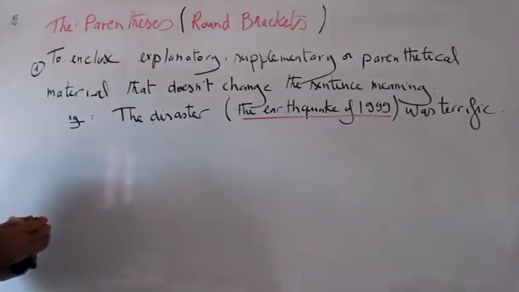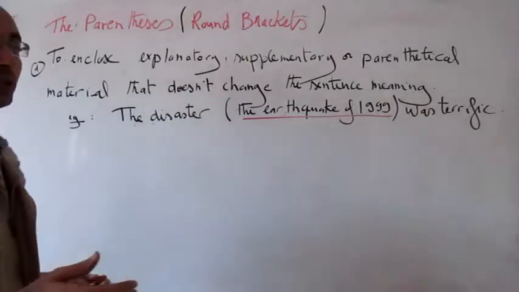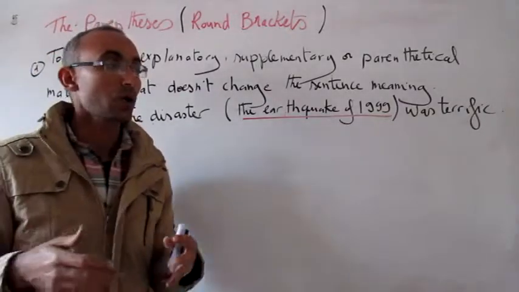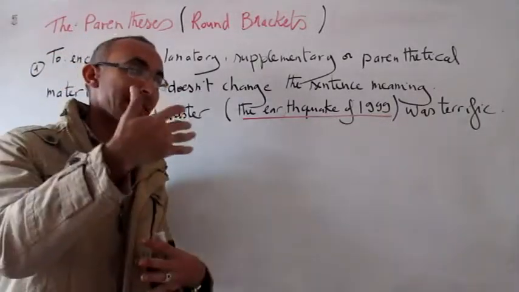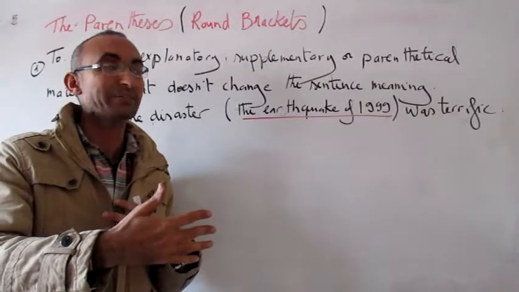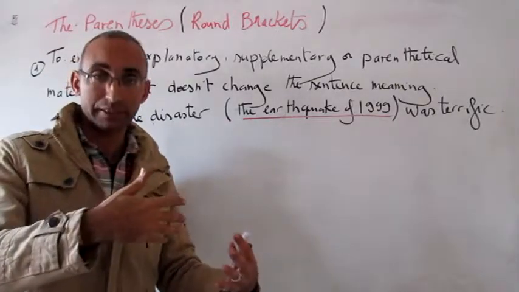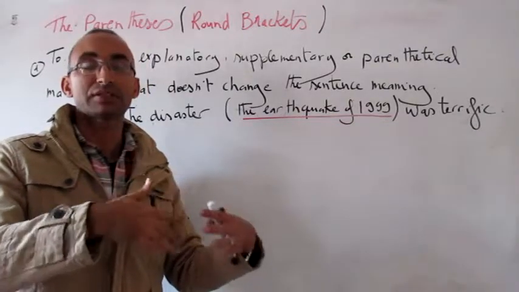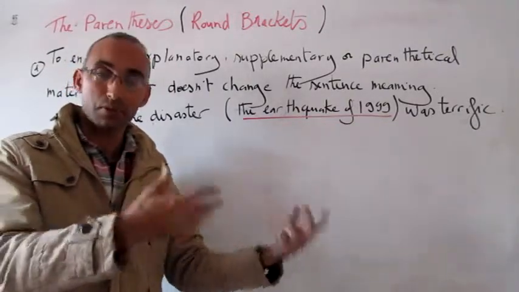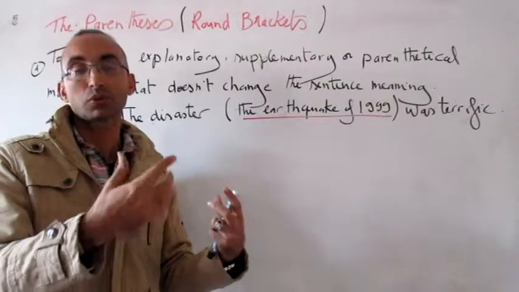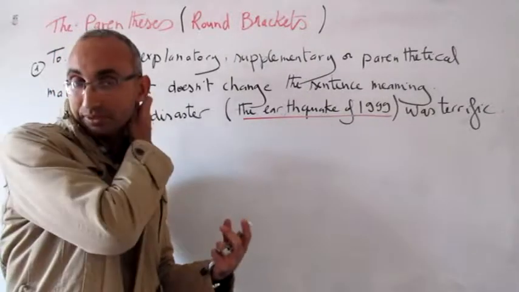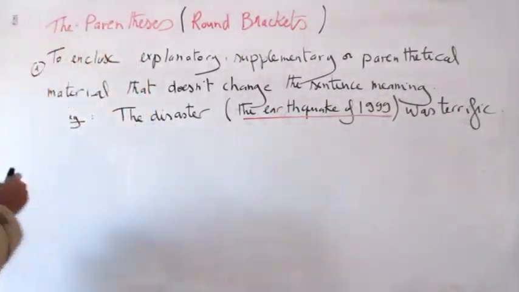Also, we have another use, and we use it commonly or mainly when we introduce an element of a list, and we number the elements of this list either by using numbers or sometimes also by using letters. So also we write number 2.